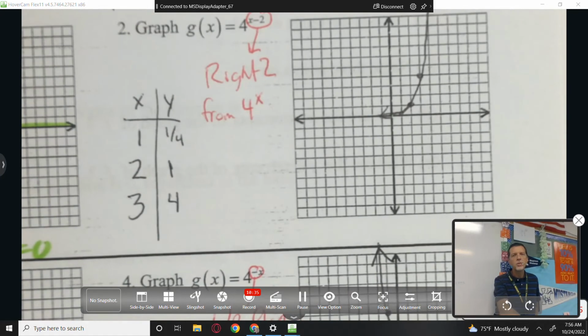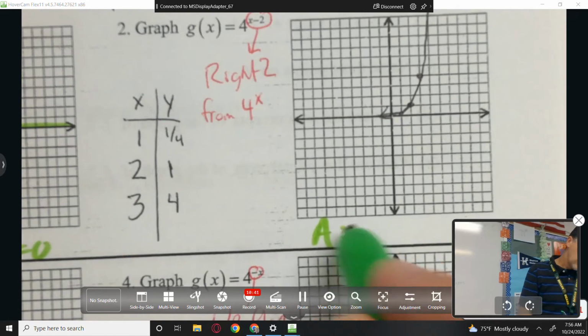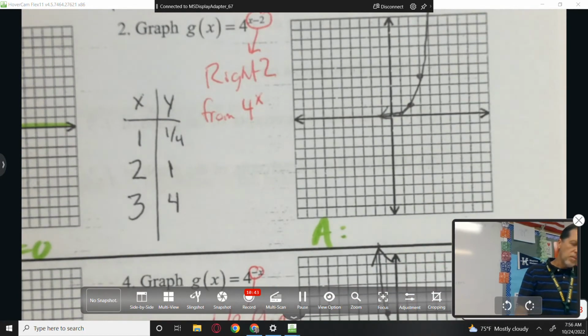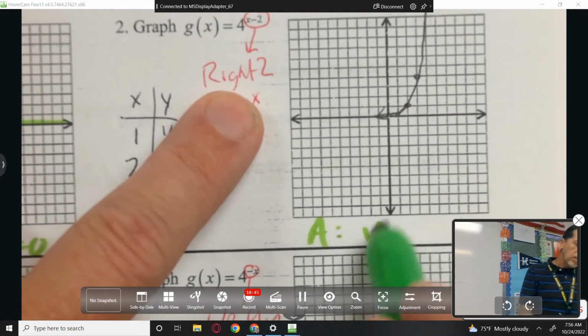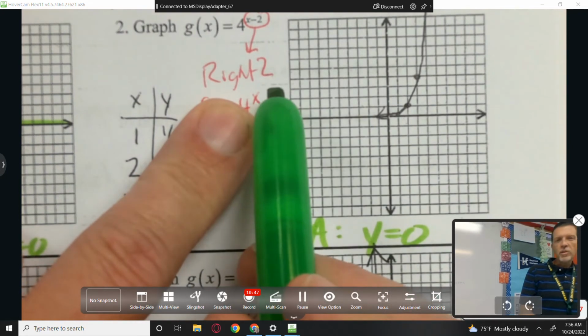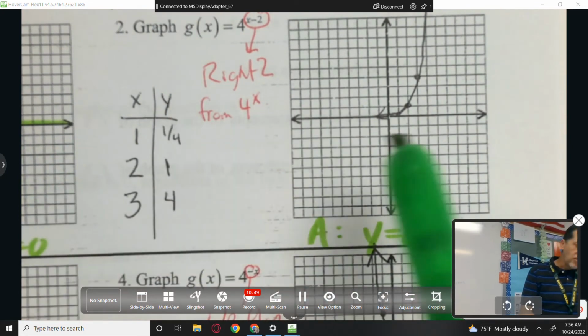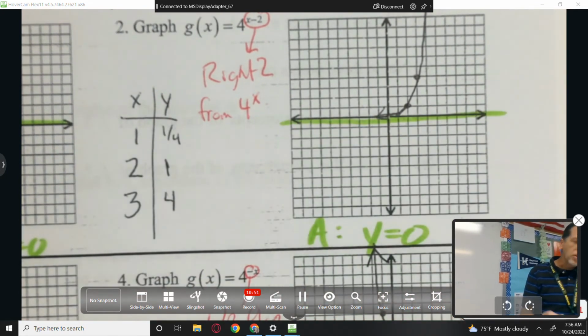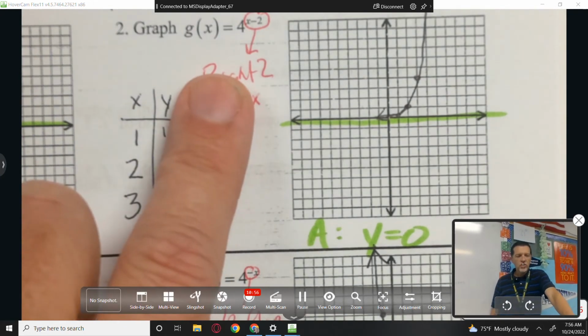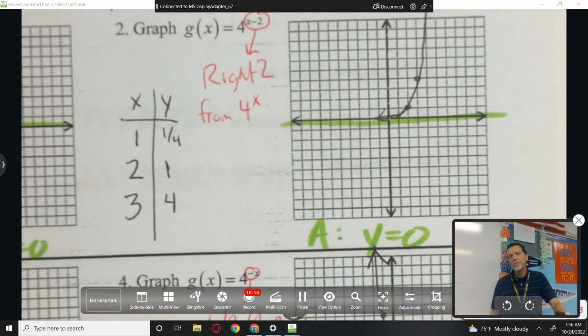How about on number 2? What's our asymptote on number 2? Y equals 0. Because if we start with y equals 0 and we move it right 2, it didn't really change. It did not change our asymptote. So the parent function thing affects the asymptote, or it doesn't affect the asymptote.